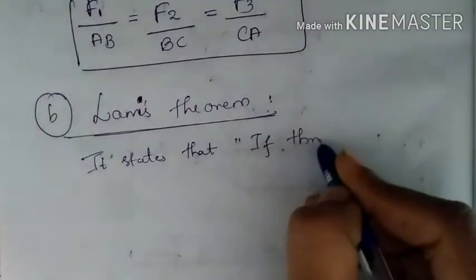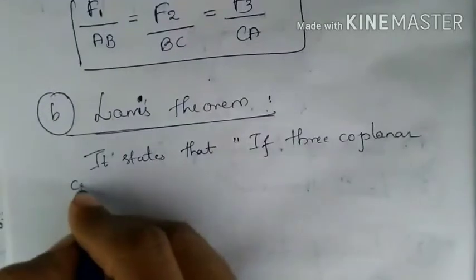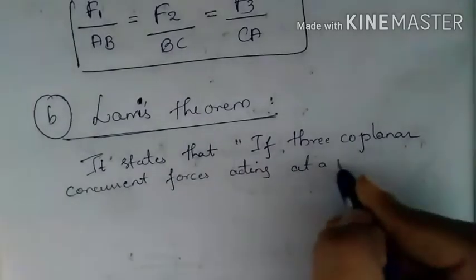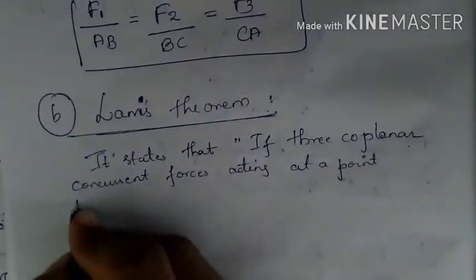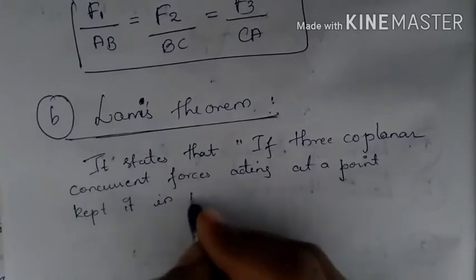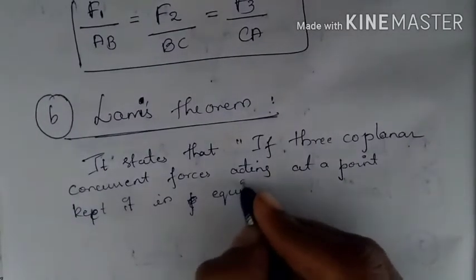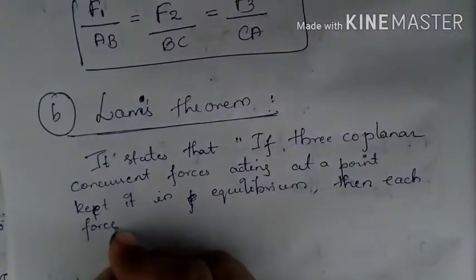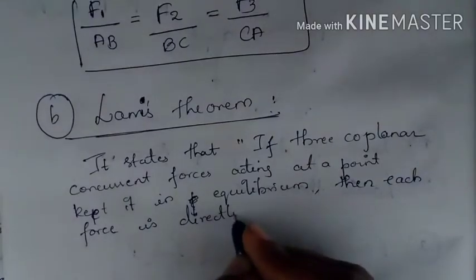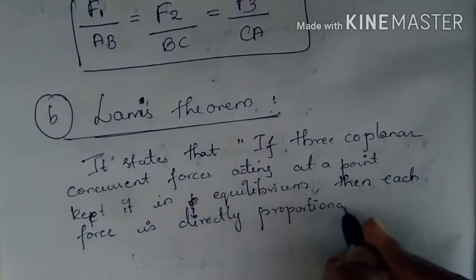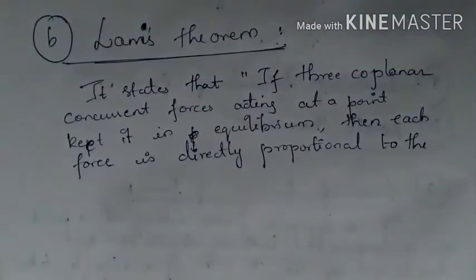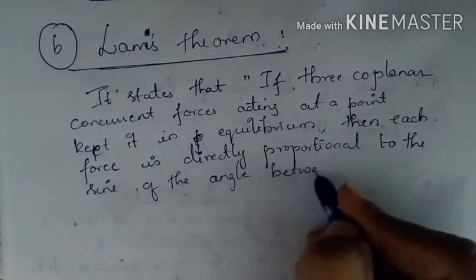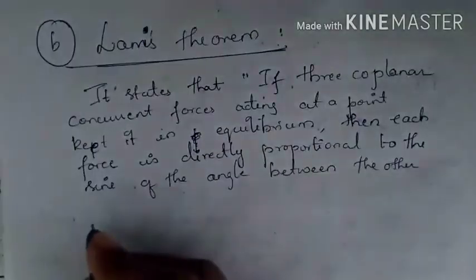It states that if three coplanar concurrent forces acting at a point keep it in equilibrium, then each force is directly proportional to the sine of the angle between the other two forces.